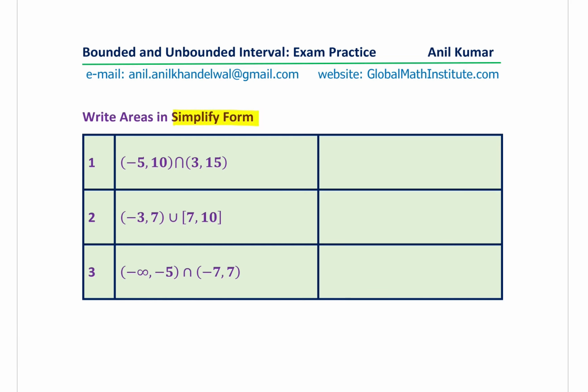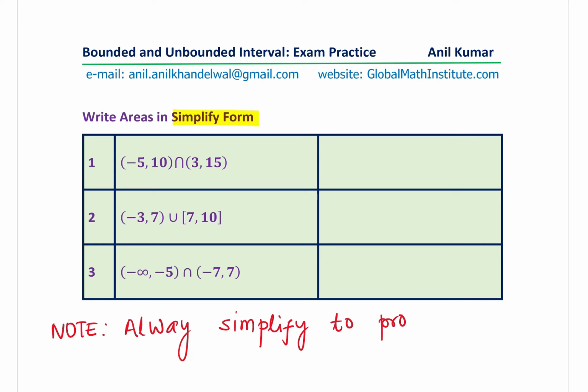So note here that you should always simplify to provide the solution. Is that clear? So that's a must, right? At times you may land up in a situation where you may get something like this as shown here. You need to simplify and write it down as a simplified answer. So we'll write the simplified form here.